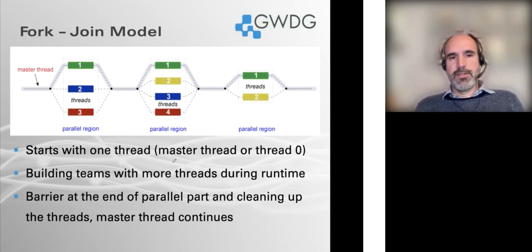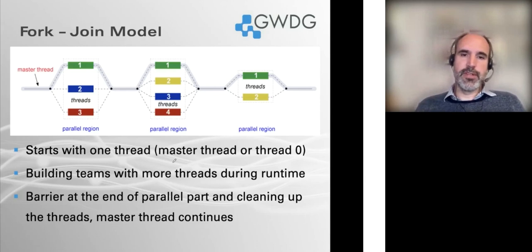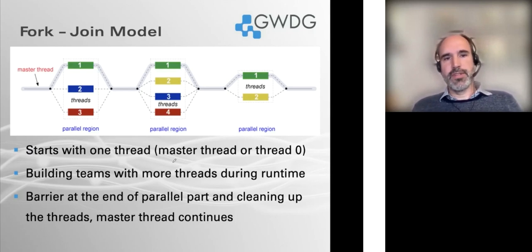As you can see here, there are 3 different parallel regions created, with 3, 4, and 2 threads accordingly. After each parallel region, it collapses back to the master thread, or at least the recently spawned threads 2, 3, and 4 are deleted after this parallel region, but not the master thread, of course. The master thread continues until the end of the process.